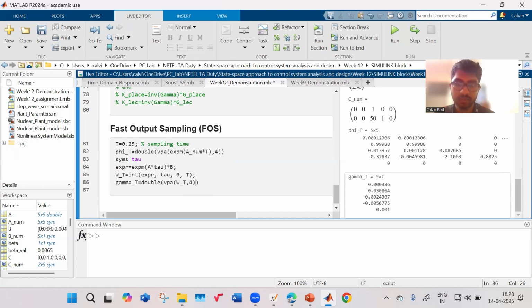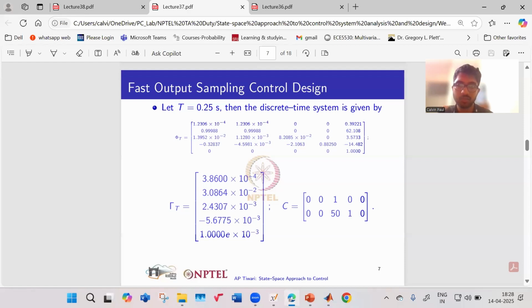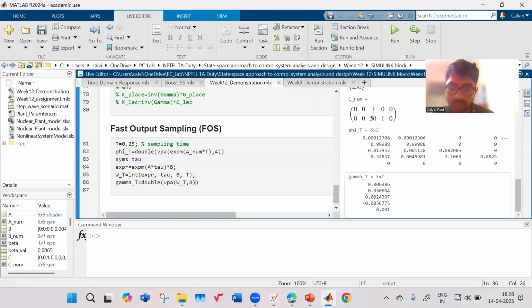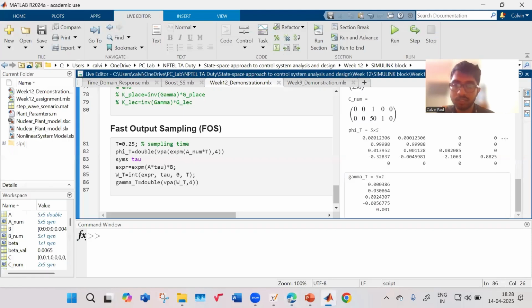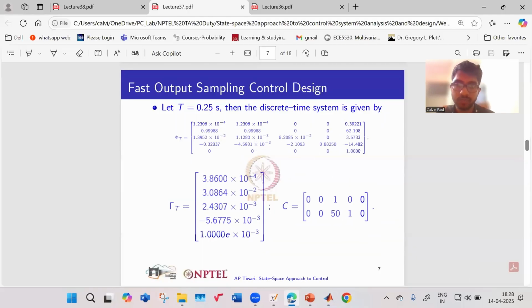So let us check it. Gamma t comes out to be 0.00386, minus 3.0864 times 10 to the power minus 2, 2.4307 times 10 to the power minus 3, minus 5.6775 times 10 to the power minus 3, and 1 times 10 to the power minus 3.